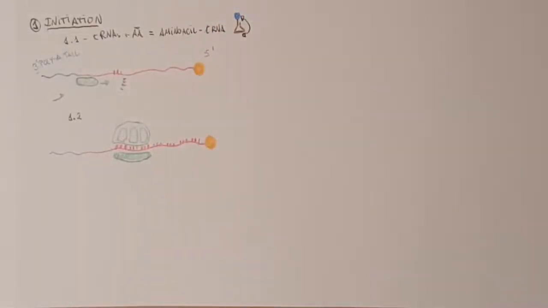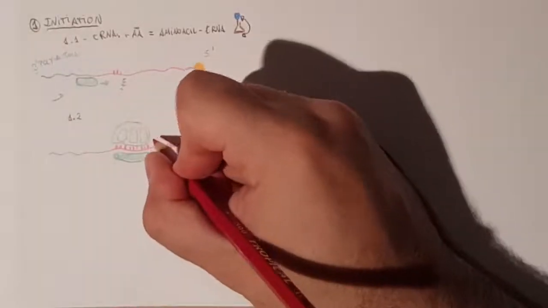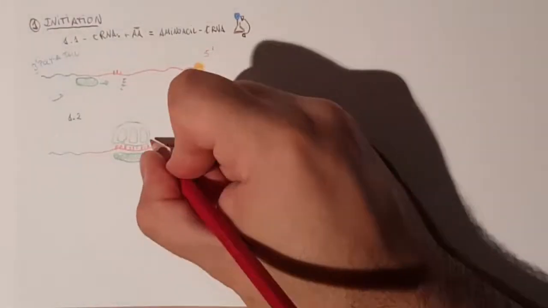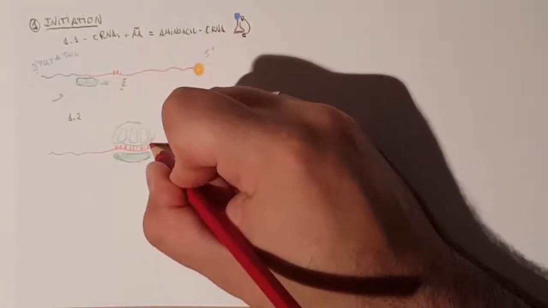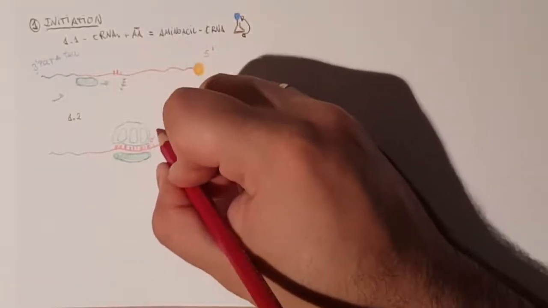So to make the process a little bit shorter and be able to draw everything here, this is going to be the start codon. This one here is going to be our start codon.